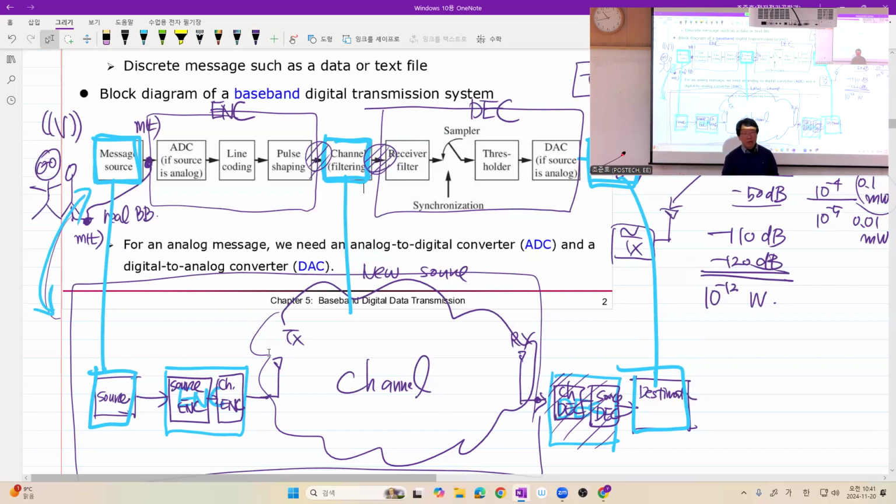The problem is that, as I told you, here you may have to have almost perfectly synchronized two A to D converters operating very, very fast. For example, suppose in your receiver, you want to directly sample the RF signal after you just amplify it using a low noise amplifier.